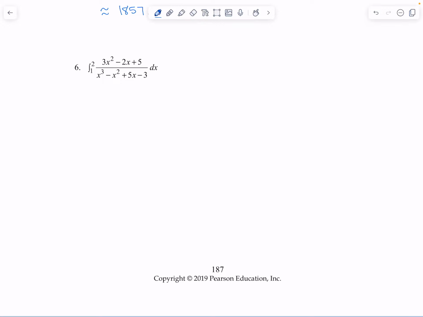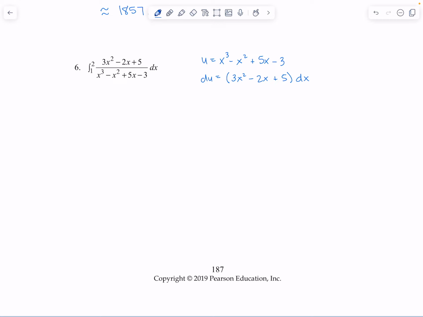Integral from 1 to 2 of 3x squared minus 2x plus 5 over x cubed minus x squared plus 5x minus 3 dx. We'll solve by using substitution. Let u equal x cubed minus x squared plus 5x minus 3, and du will equal 3x squared minus 2x plus 5 dx.